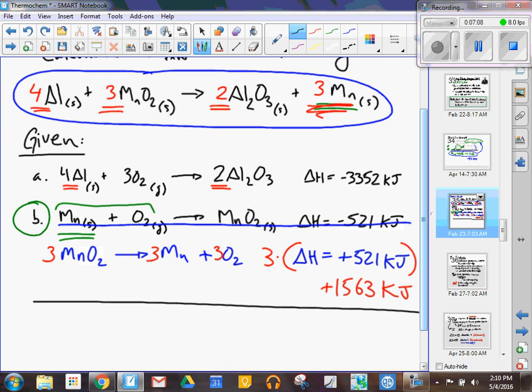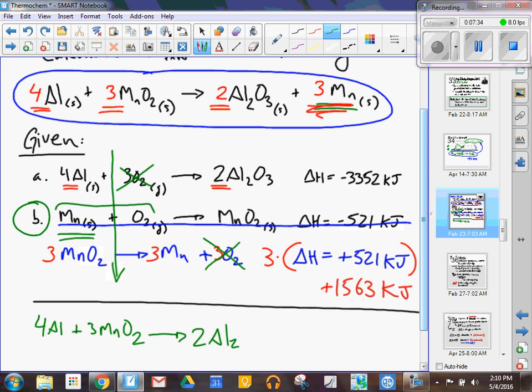So there are some intermediates, it looks like, to me. Looks like 3 oxygens is on the left in this initial reaction, 3 oxygens is on the right in the second reaction. And what I'll end up with is 4 aluminums. I'm just carrying these down. 3 manganese 4 oxides is going to yield 2 Al2O3 and 3 metallic manganese.